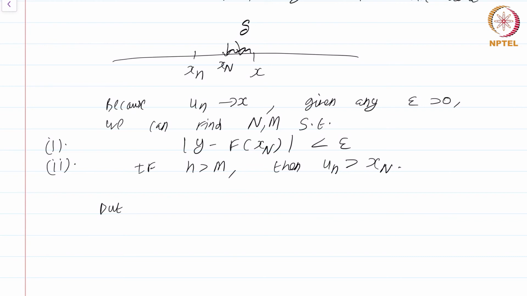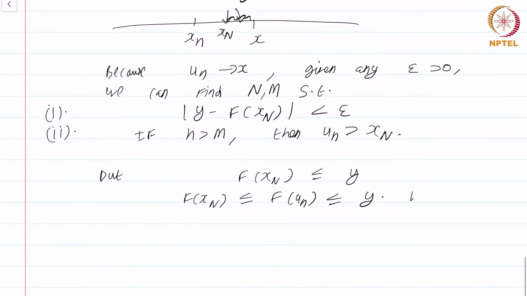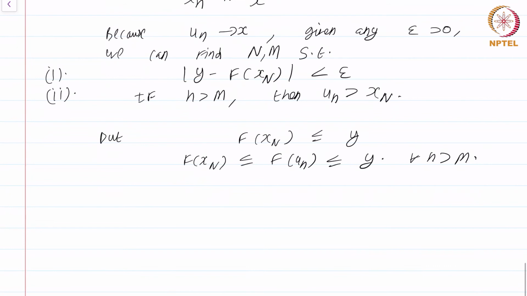We actually have f of xn less than or equal to y, and in fact f of xn is less than or equal to f of un, which is less than or equal to y, for n greater than capital M. In other words, y minus f of un is also less than epsilon.